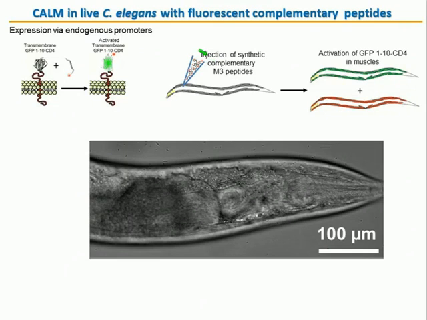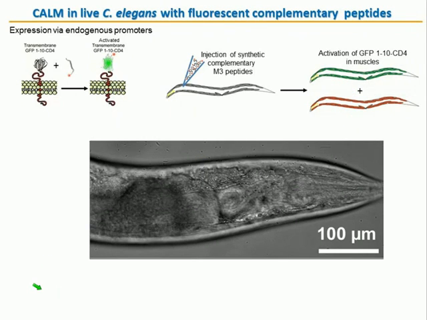So in this particular example, we inject peptides modified with the Alexa 647 fluorophore, and we expect activation at the muscle cells to be visible in the GFP channel, but also in the red channel through FRET.